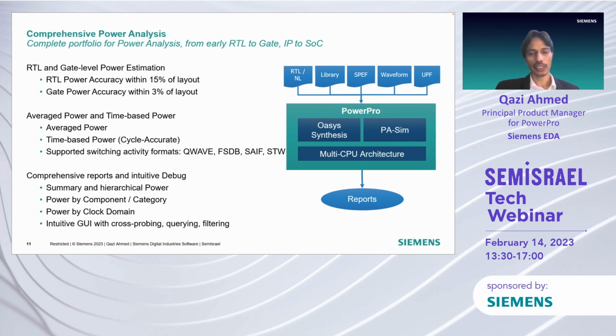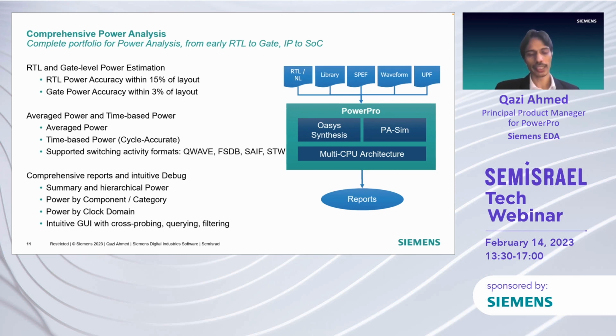And then for the gate level, of course, it's within 2 to 3%. For the flows, PowerPro supports both average and time-based power. When we say time-based power, it's cycle accurate, which means we compute the energy cycle by cycle and divide it by the period of that cycle. So you get the power for exactly that cycle. This is cycle accurate power.